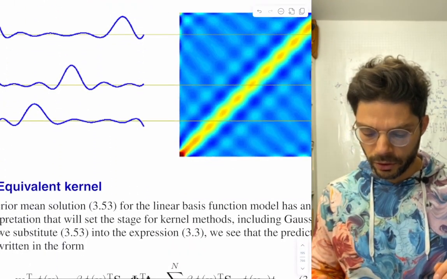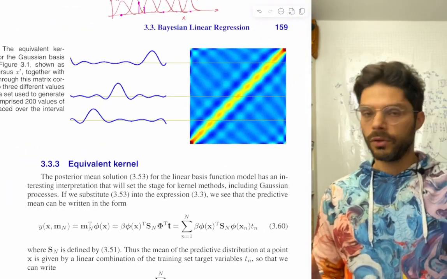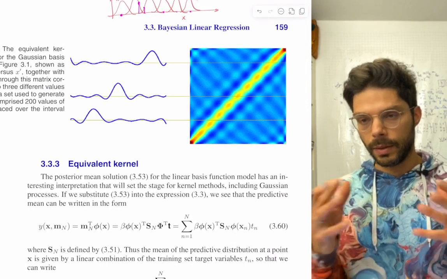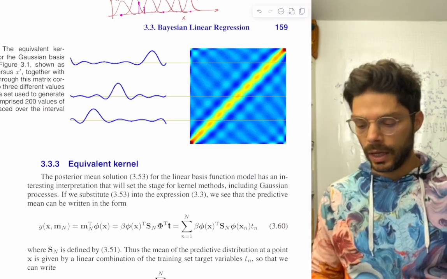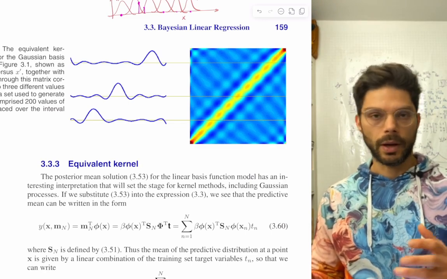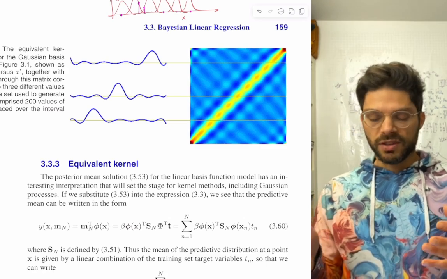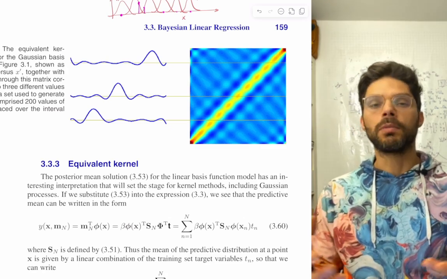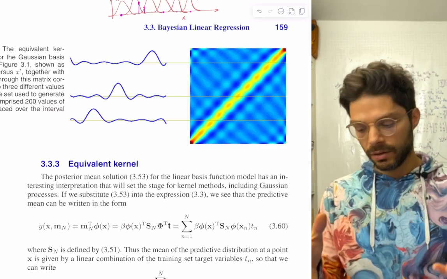What this equivalent kernel stuff is about is essentially showing that our two approaches, weighting the basis functions and this kind of interpolation, are actually equivalent. So when we report the means and covariances using weighted combinations of features, we're actually interpolating our data, and the way we interpolate is determined by our basis functions.